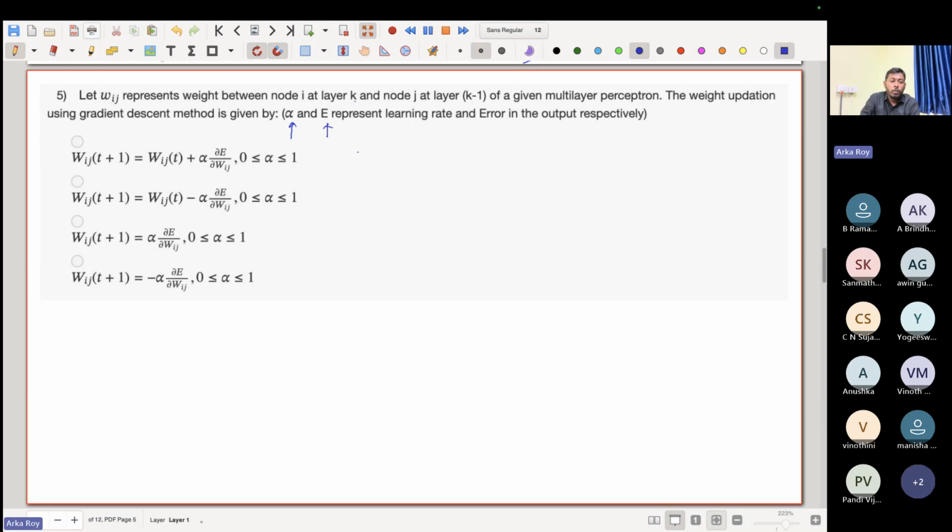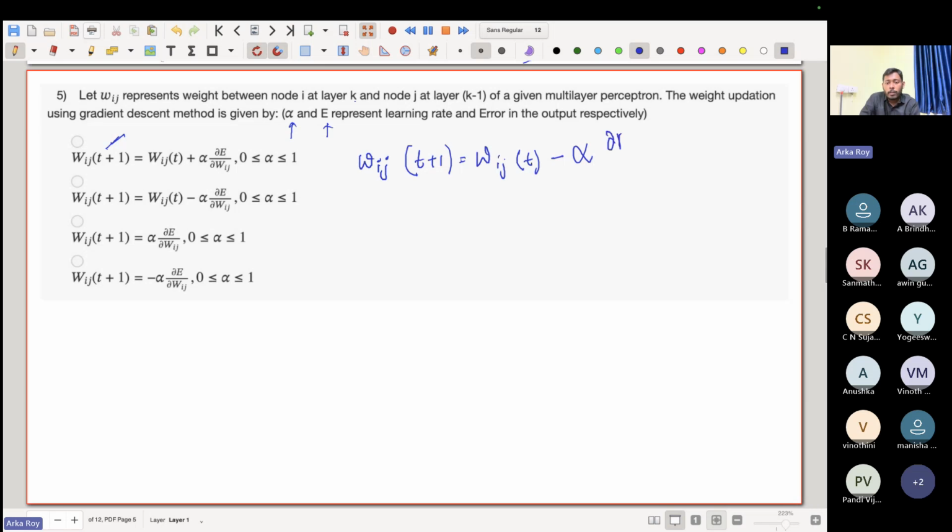So we already know that Wij at, let's say, the t-th iteration, so t plus 1, is equal to Wij t minus alpha, which is their learning rate now, into the gradient of error with respect to the weight value.